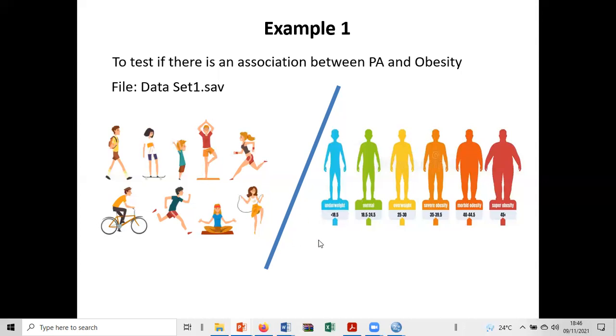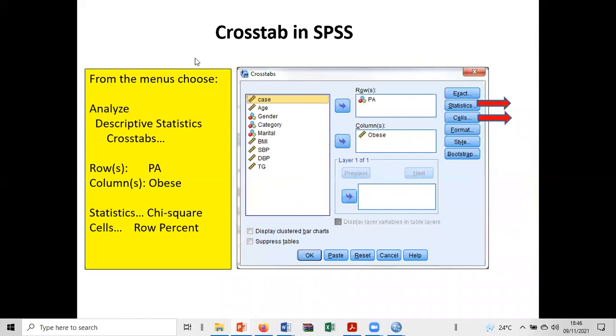If they're more active, are they less obese? So look at the example here: physical activity and obesity. I want to know the association between them.